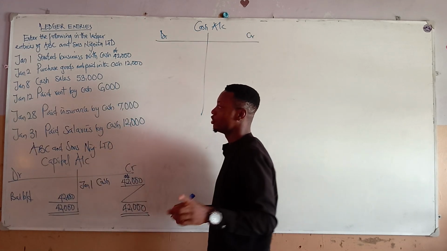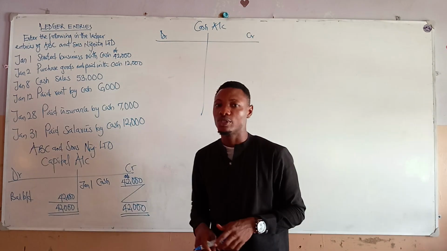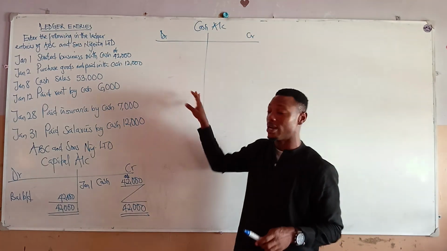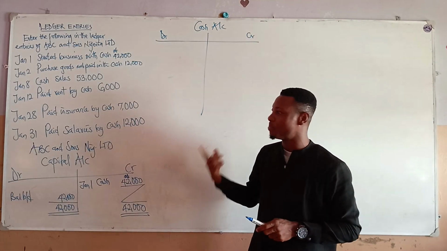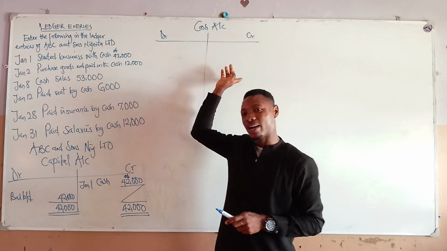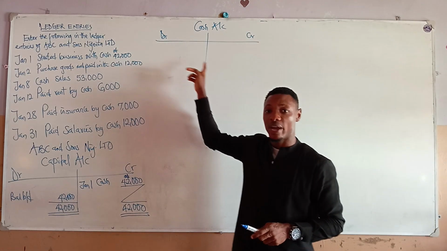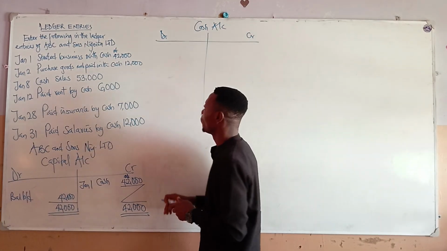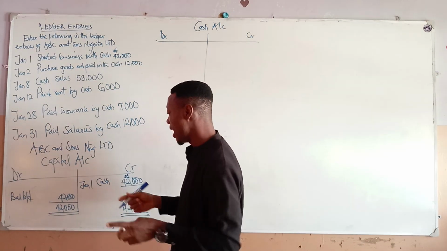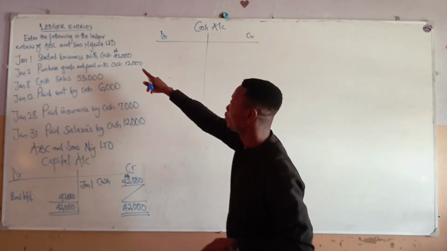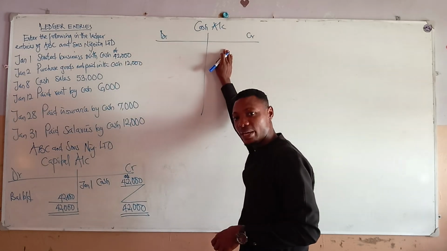Now, what did I tell us? Remember when we began, I told us that in this cash account or cash book, we switch the principle, in which every expense goes to the what? To the credit side, and every income goes where? To the debit side. So it says started business with cash, meaning that he is spending cash, and because he is spending cash, cash will go to where? To the debit side.